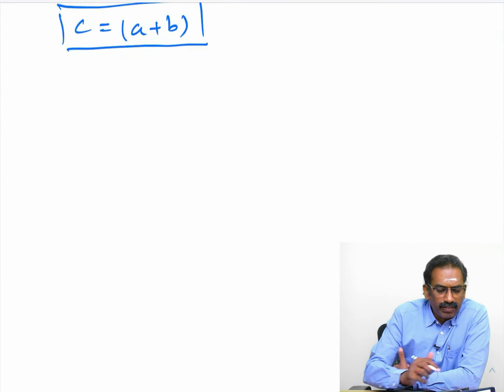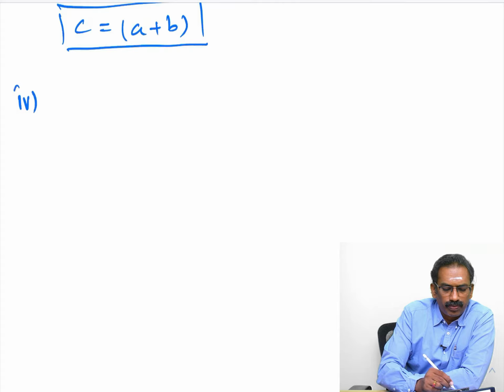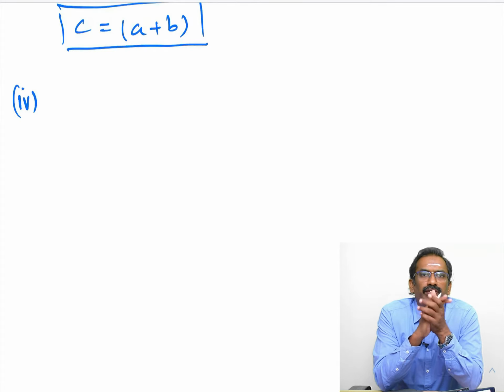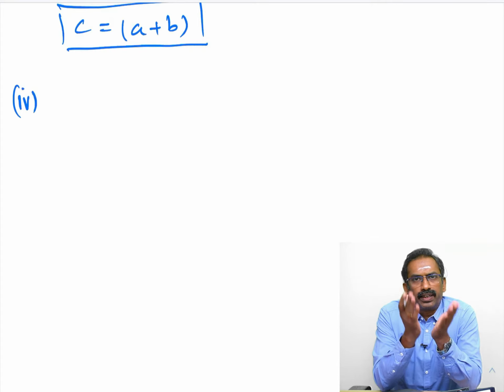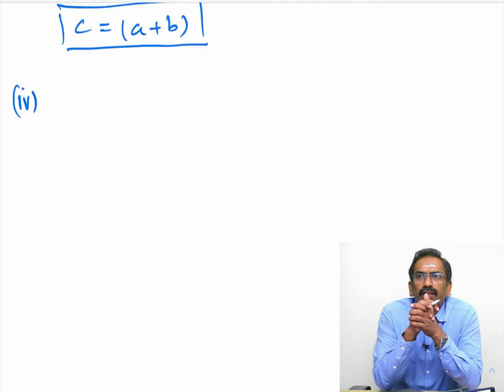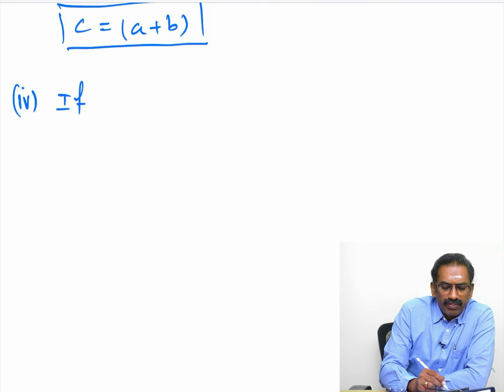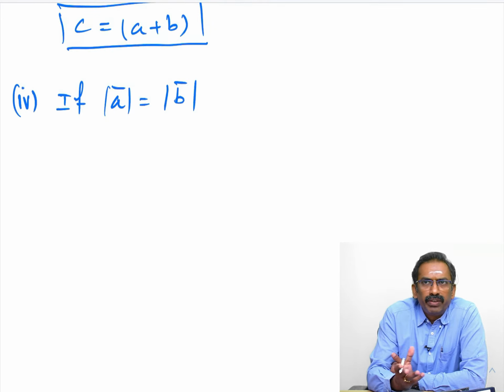Let us take the fourth case now. We come to the fourth case. If two vectors of equal magnitude act at an angle theta, then what is the resultant of a vector minus b vector? Magnitude of a vector and b vector are equal and the angle between them is theta.